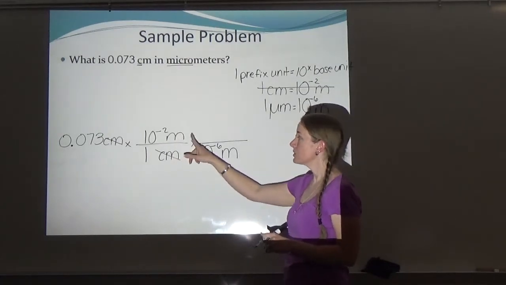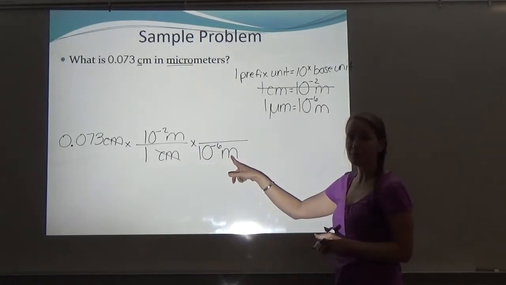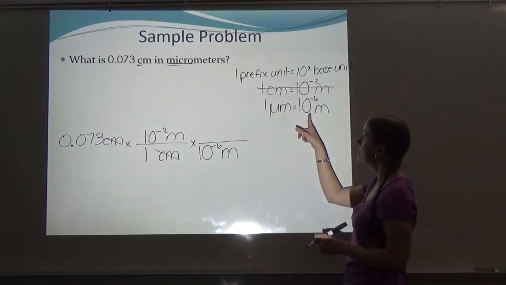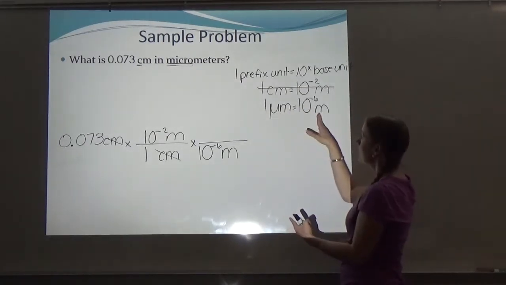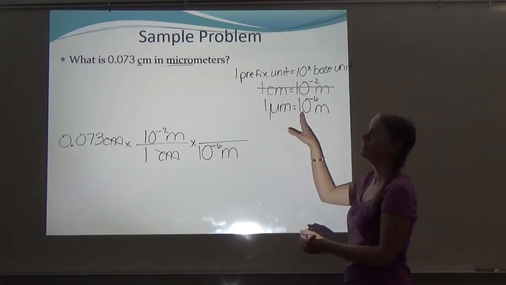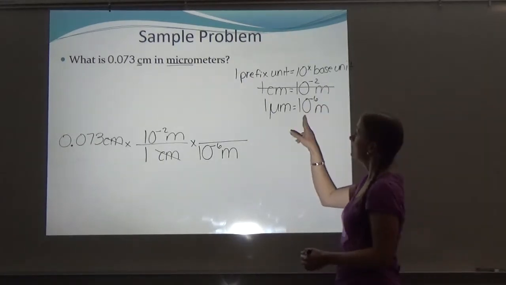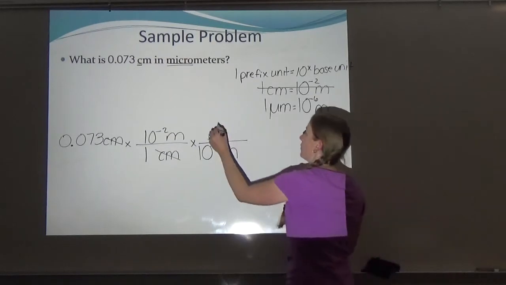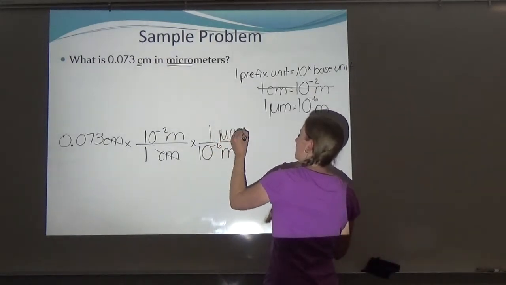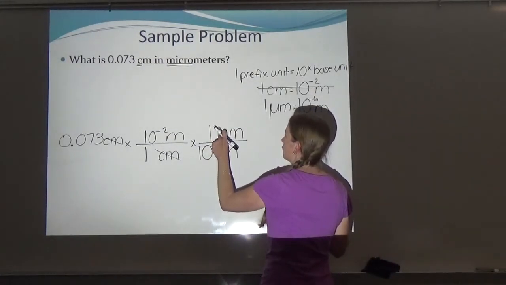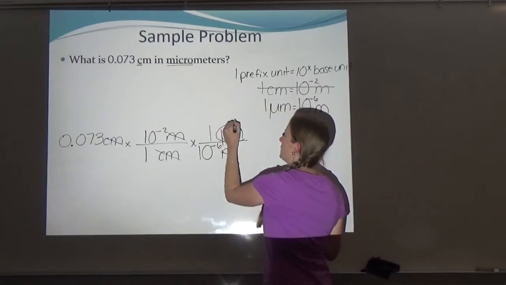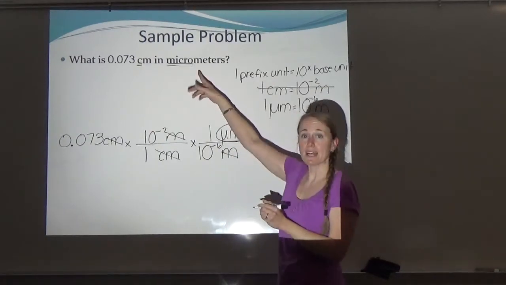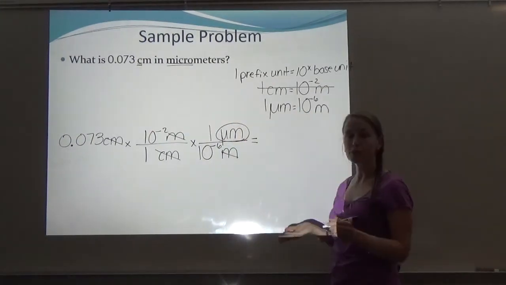So I had meters on top, I have to put meters on bottom. When I look at my conversion factor, I can't just switch the numbers if I want to. Once I realize meters goes on bottom, it has to be 10 to the -6 meters equals 1 micrometer. Sorry, that micro kind of got out of control there. Alright, so my meters cancel. I'm left with micrometers, which is what it asked for, so I know that I am done with the problem.